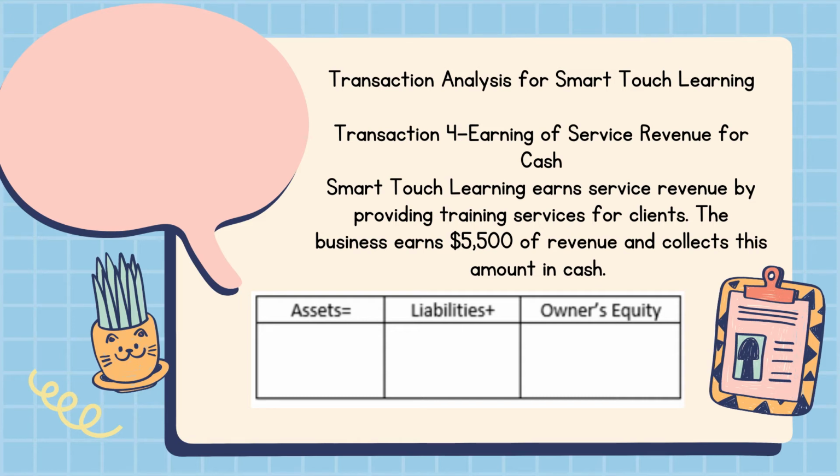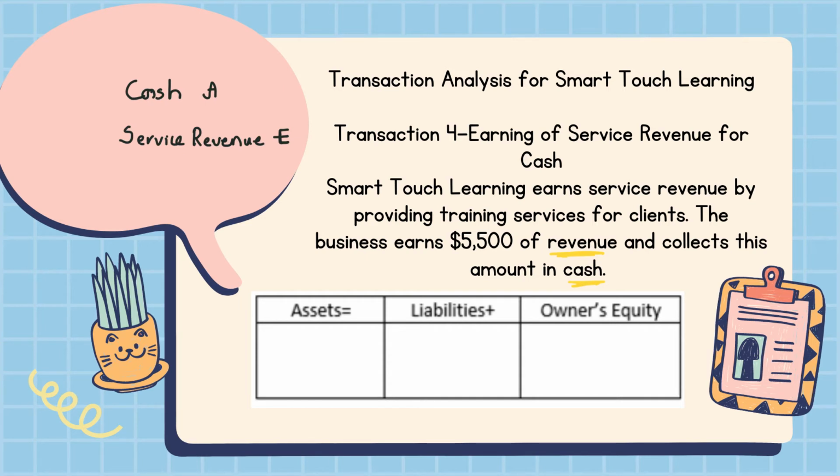When he says the business earns $5,500 of revenue, it means I provided this service. So I need to record revenue, which is under equity, and collects this amount in cash. So I collected cash, so my cash increased. Cash is under assets, revenue is under equity.